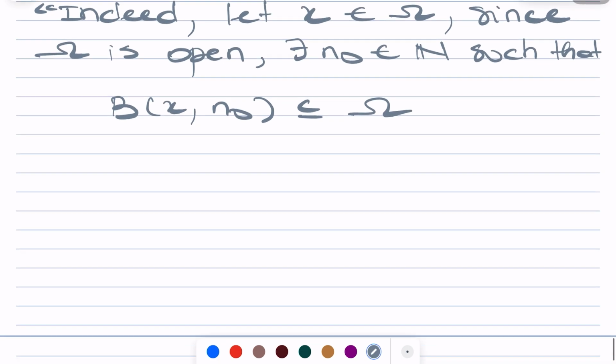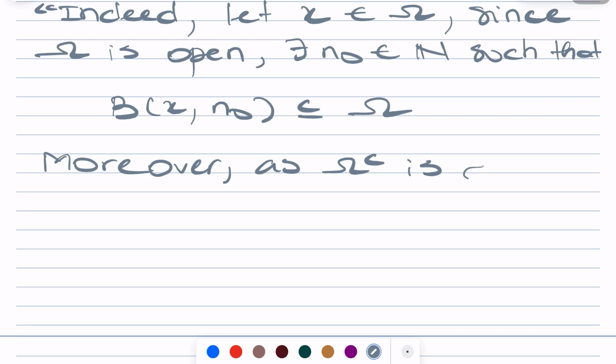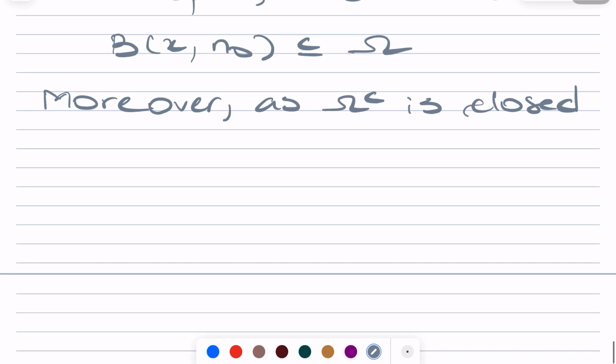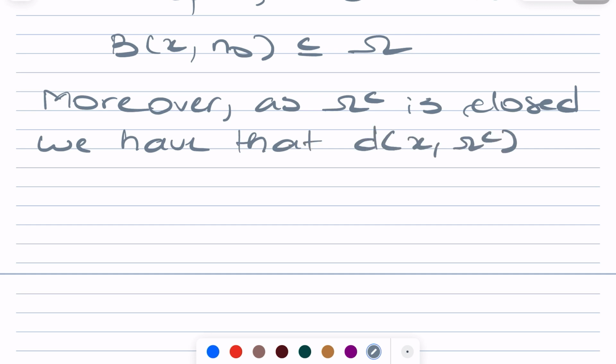Moreover, as the complement of omega is closed, and x is in omega, we are sure that the distance from x to omega complement is strictly greater than 0.